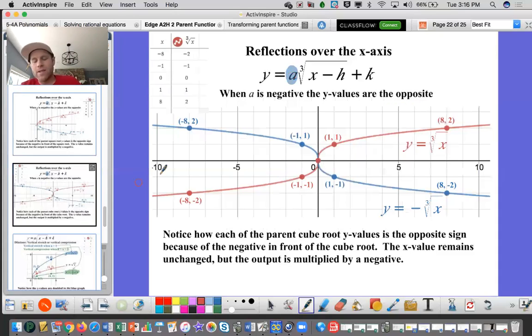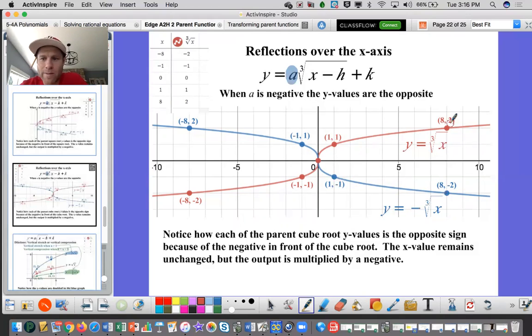So the cube root is no different. Here's all your perfect cubes right here. And you can see the red one here is our parent function. So take 0, 0 is not going to change because anything times 0 is still 0. But let's take the parent function 1, 1, and let's plug in a 1 right here, and then you'll get a 1, but then it'll be multiplied by a negative, so it'll be a negative 1.